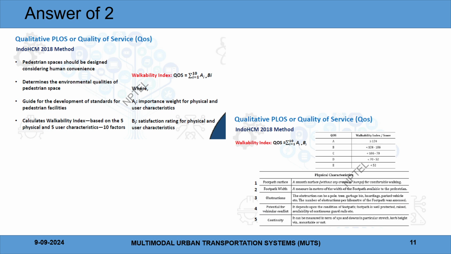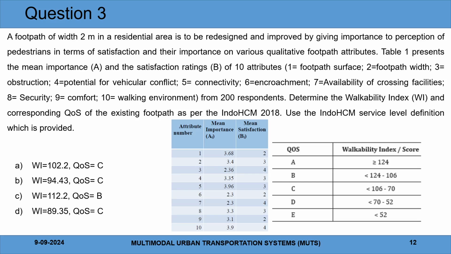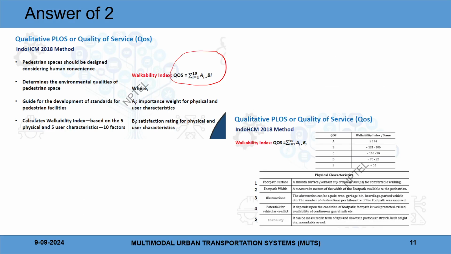Here, discussing the qualitative pedestrian level of service or quality of service, we discussed this walkability index, where AI and BI are the two terms. AI is the importance weight for physical and user characteristics, and BI is the satisfaction rating for physical and user characteristics.